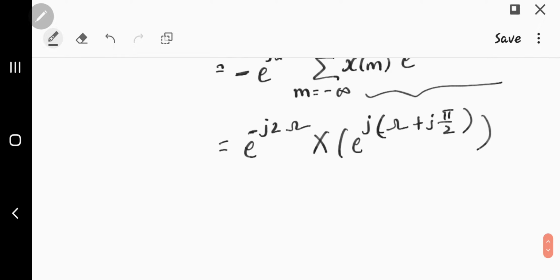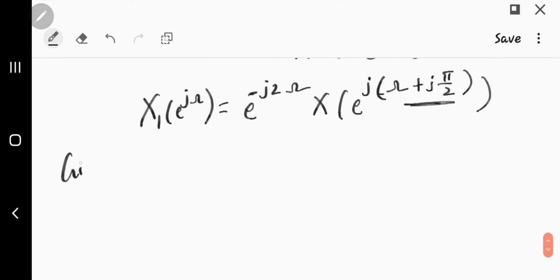So that means if you want x1 of e power j omega, then in x of e power j omega, I have to replace omega with this term.